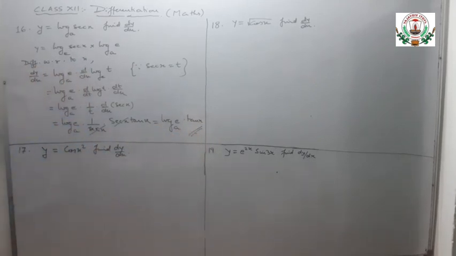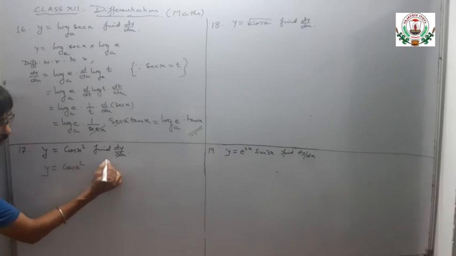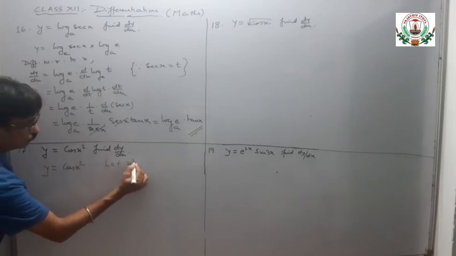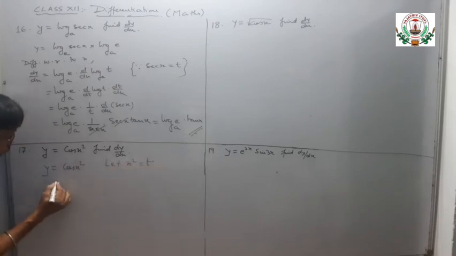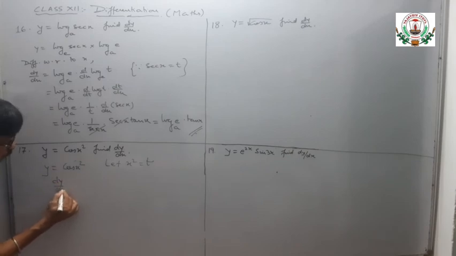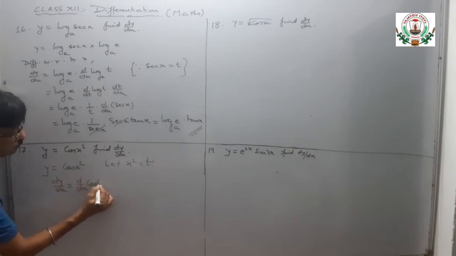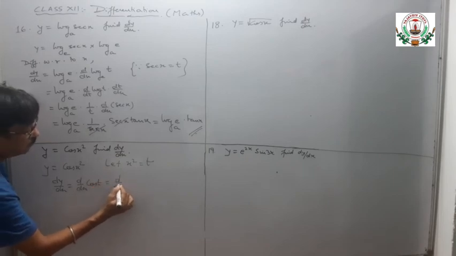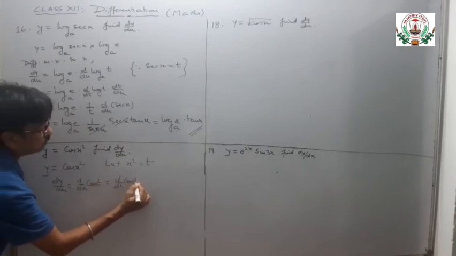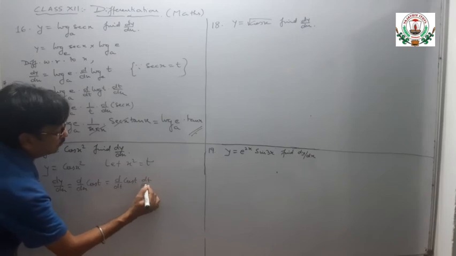Now next, y equals cos x square. Solution: y equals cos x square, we are going to take x square as t. We'll convert into a single function. So dy by dx will be equal to d by dx of cos t, which will be written as d by dt of cos t into dt by dx.